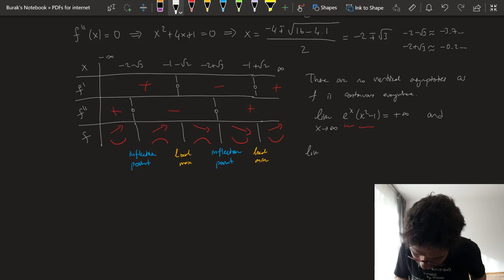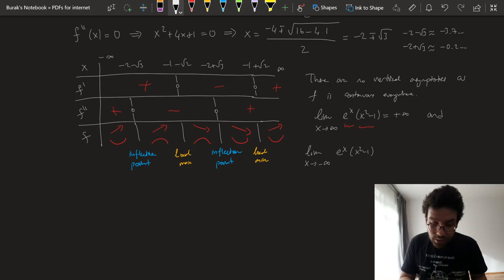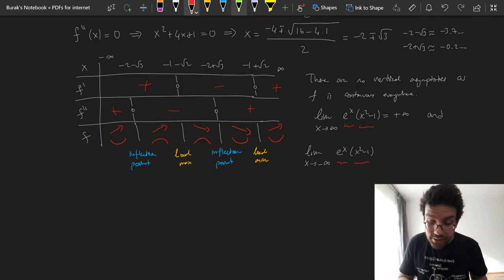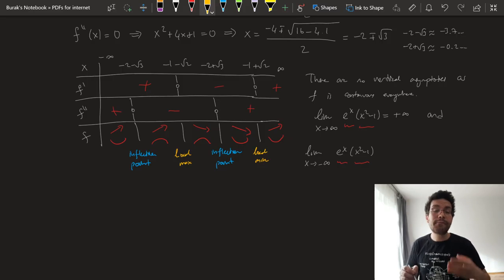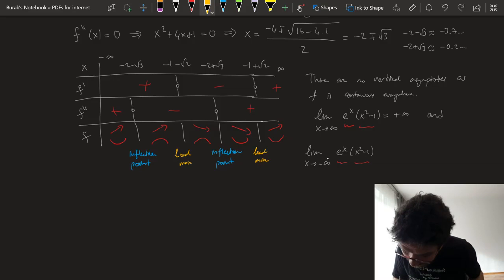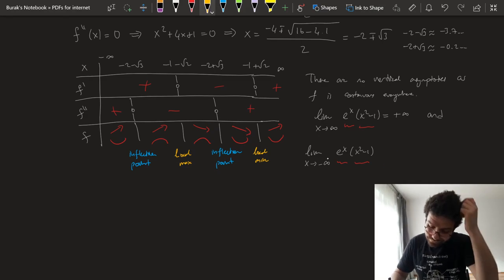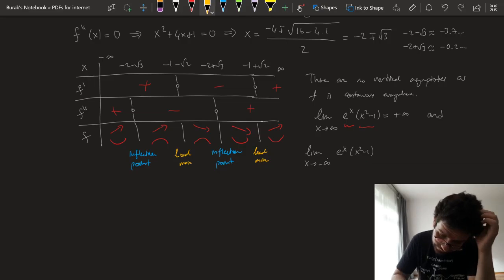Now, for the limit at negative infinity, I have to be careful. When x goes to negative infinity, this goes to 0, this goes to positive infinity. So I have an indeterminate form of the form 0 times positive infinity.